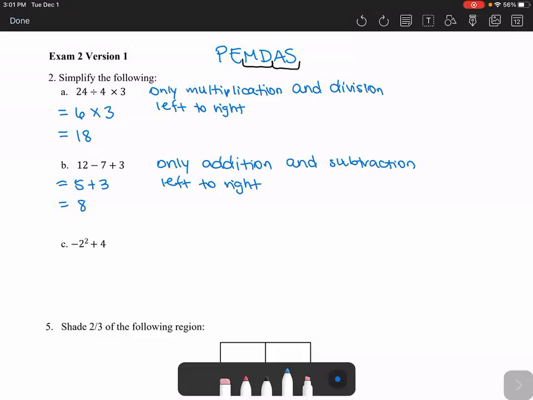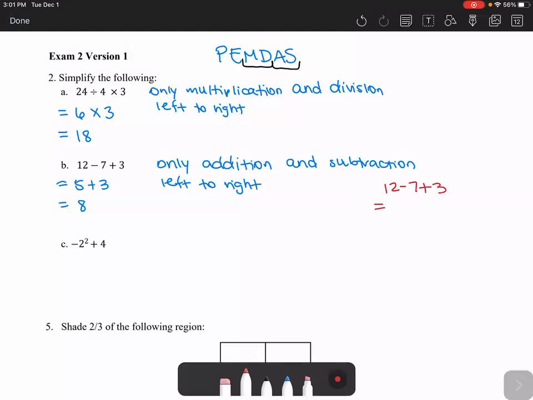This one has a clearer way to see why it's wrong to do it the other way. Let's pretend that you are insisting on doing addition first, even though you know it's wrong. I'm going to write this in red, just to emphasize that this is the wrong way to do it. 12 minus 7 plus 3.